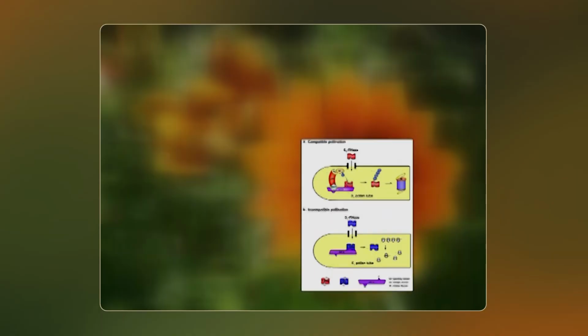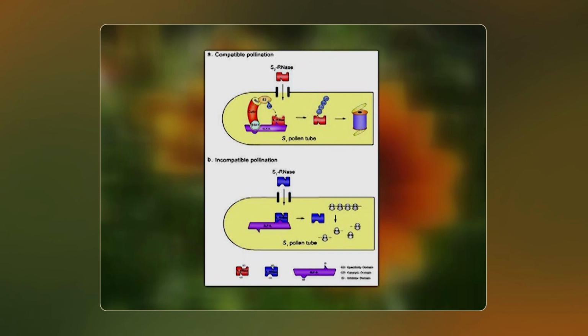In incompatible pollen tubes, the RNA is degraded, which brings about a cessation of the pollen tube in the style, while in compatible pollen, the RNases are rendered inactive by the activity of the pollen S protein, thus allowing a normal pollen tube growth through the style to bring about fertilization.